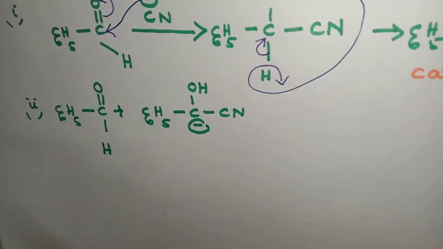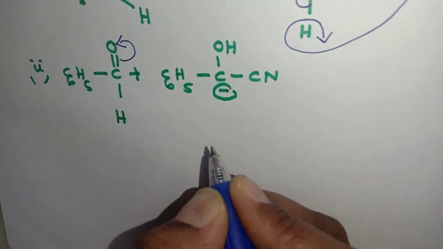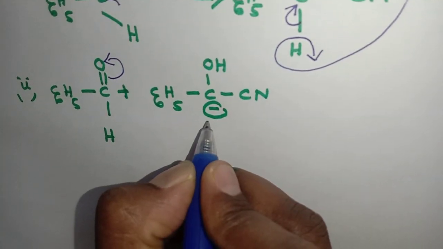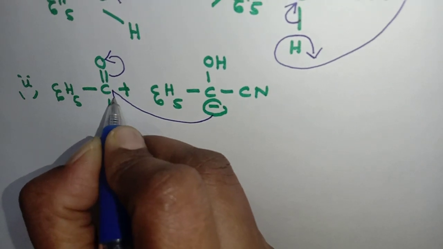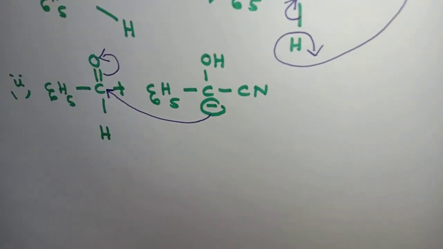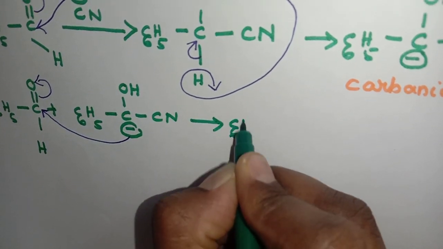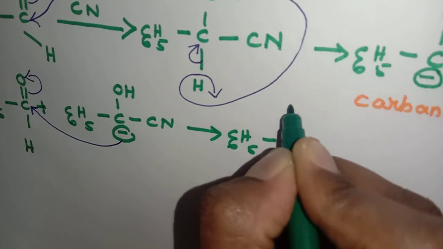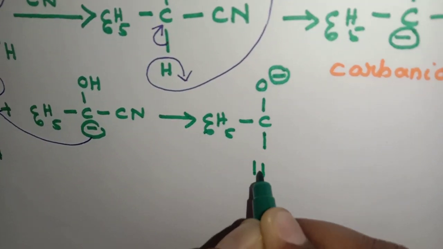So what happens is these pi electrons are shifted to oxygen. So O becomes O minus, C becomes C plus. Now the carbanion, that means this negative charge, attacks the positively charged carbon. Okay. Forming C6H5 C. Here O minus. Bottom there is a hydrogen.